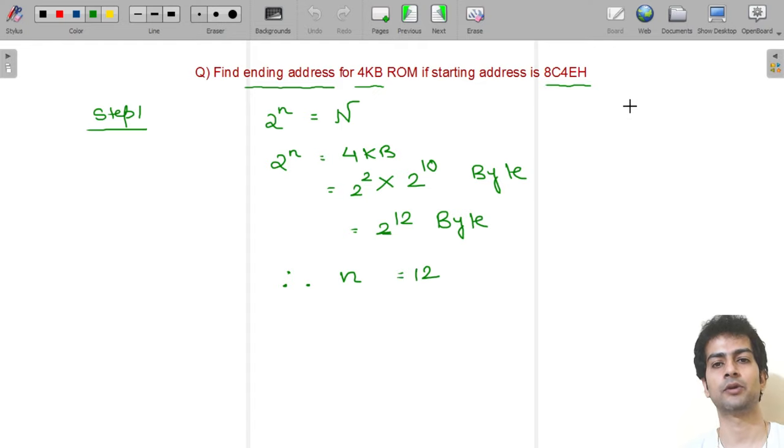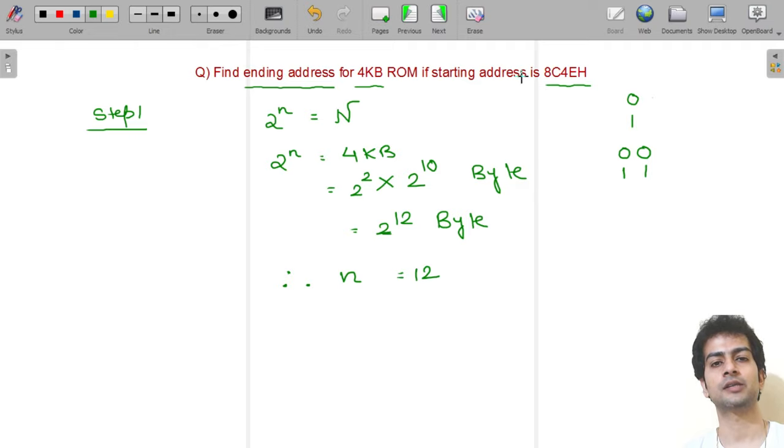We saw in memory mapping that the range always starts with 0. If n was 1, then the starting range was 0 and the ending range was 1. If n was 2, the starting range was 00 and the ending was 11. So it is always increasing.